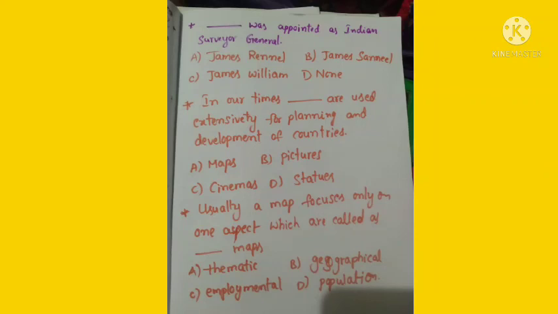Usually a map focuses only on one aspect, which are called as dash maps. Options: A. Thematic, B. Geographical, C. Employmental, D. Population. Answer is A. Thematic maps.